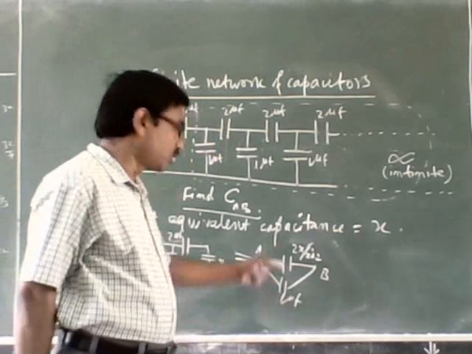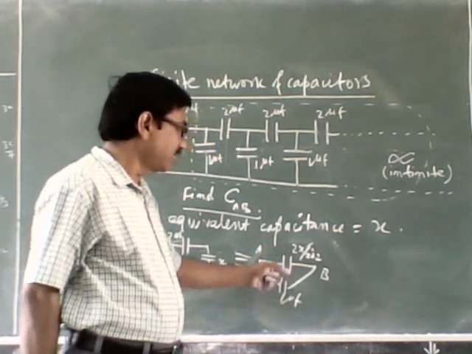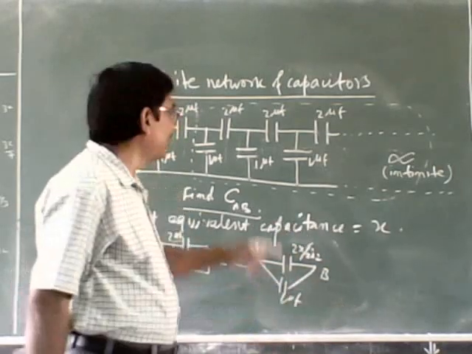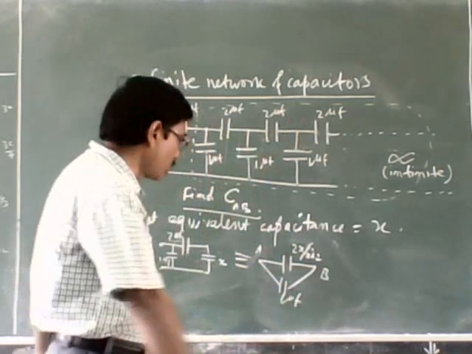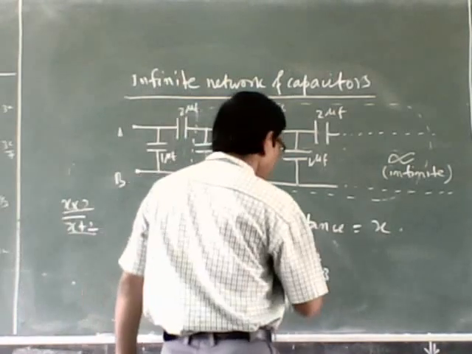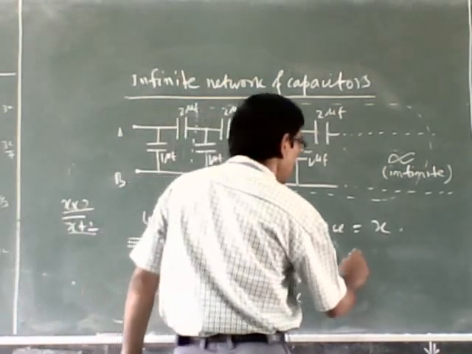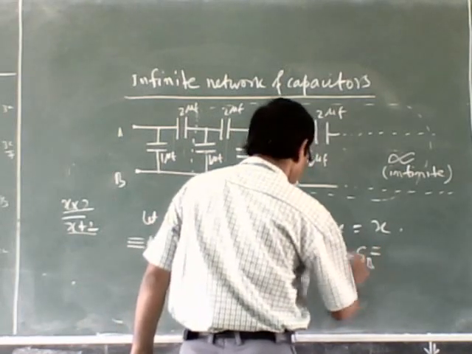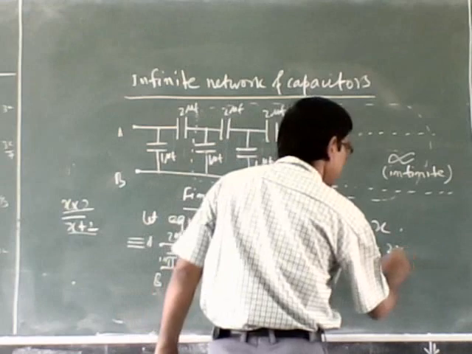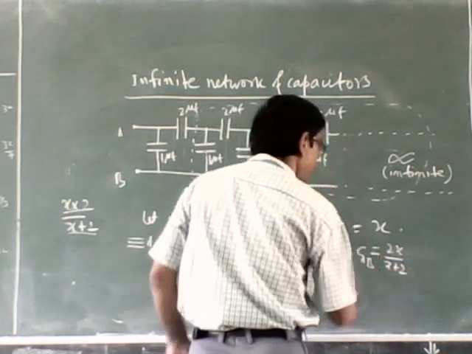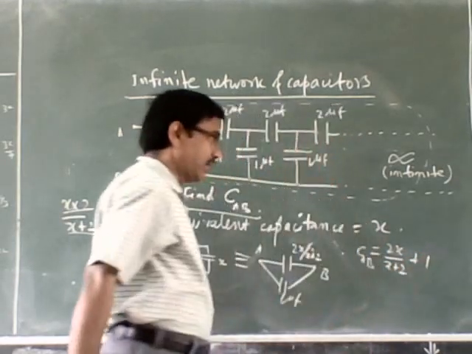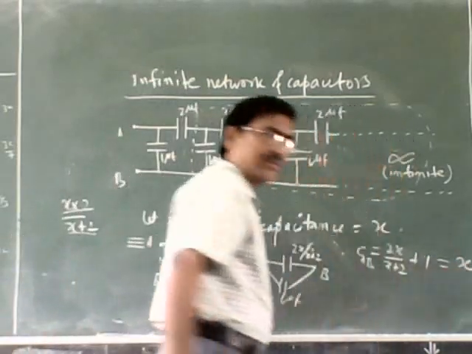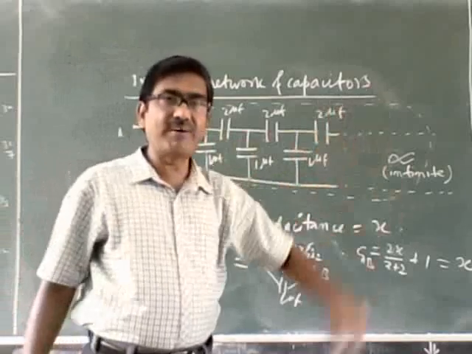They are connected in parallel. What will be their equivalent capacitance? Again it will be X, because it is an infinite network. So CAB is equal to 2X by X plus 2 plus 1, and that is equal to X again, as the network is infinite.